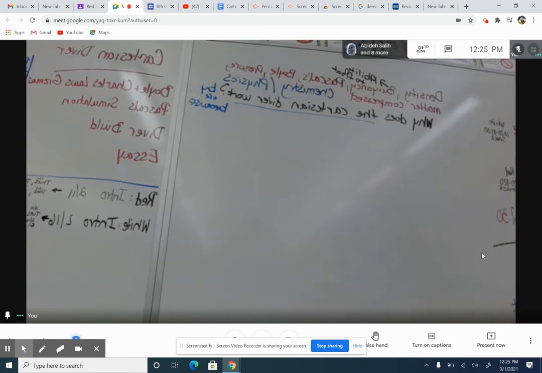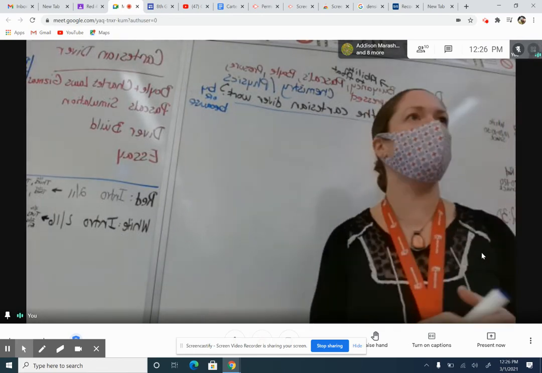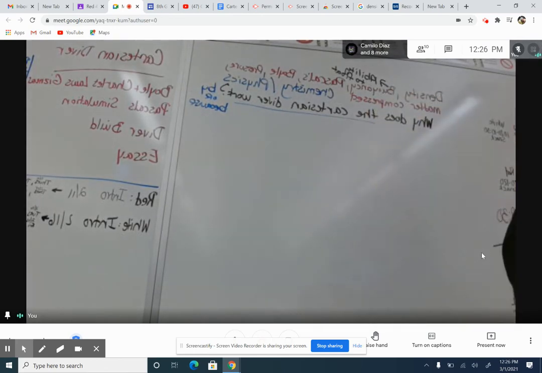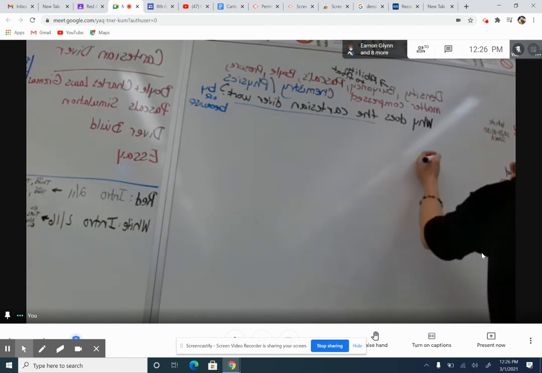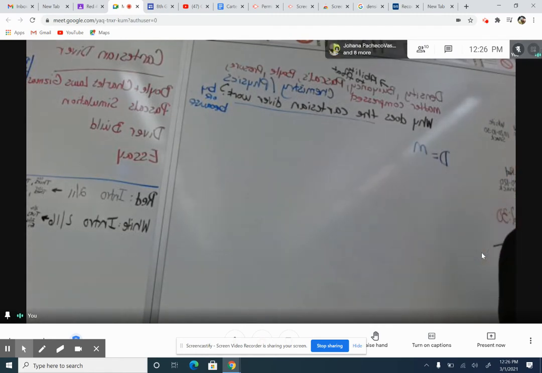Well, what about hot and cold water? How much it weighs? The weight of it. Okay, what's another word for weight? We're not using weight in science. What are we using? Mass. So density equals mass, but it's not just mass. What else?